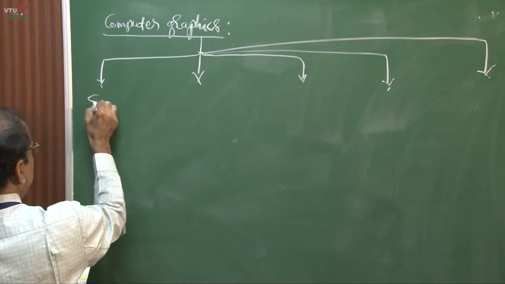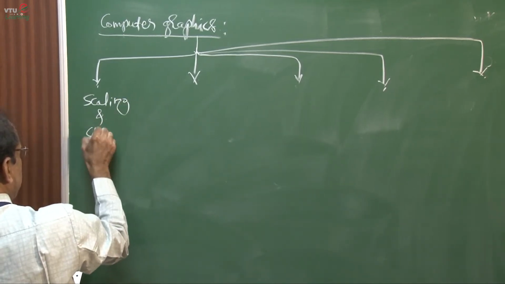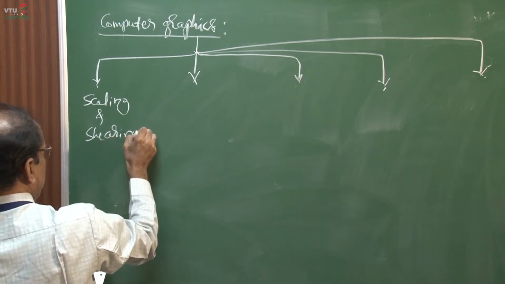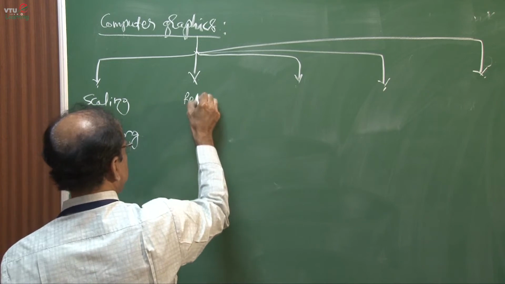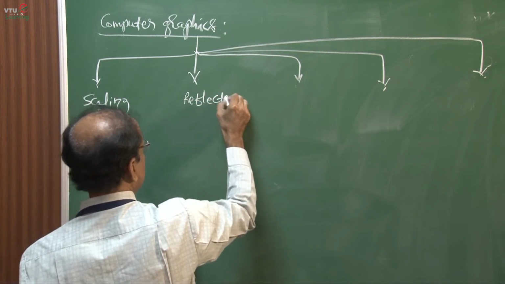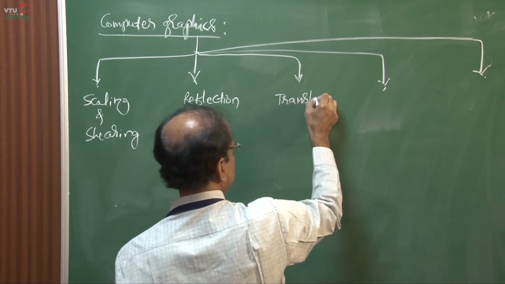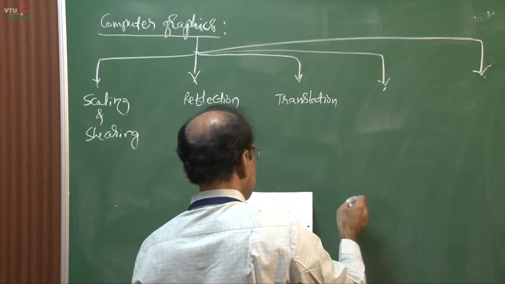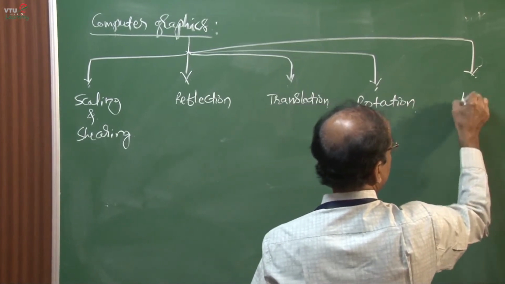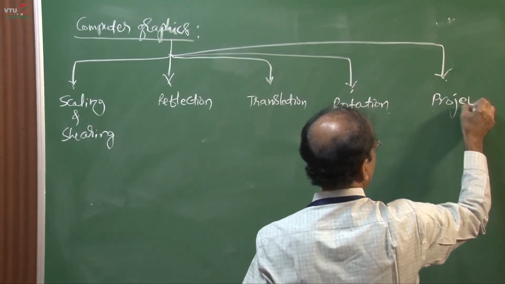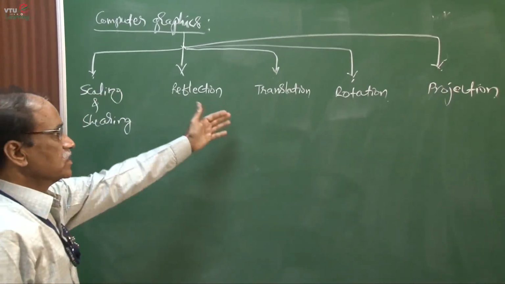The first one is scaling and shearing. Second one is reflection. Third one is translation. Next one is rotation. And next one is projection. It will go in this order only.